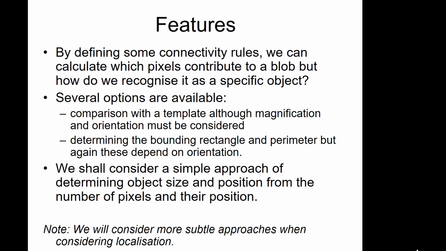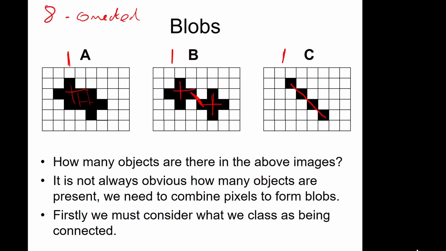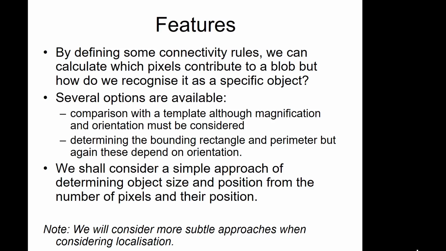Once you've got your object defined, so for example here we've got this object defined, you then need to recognize it or give it some characteristic features to make it useful. There are various ways to do that. We can compare it to a template.